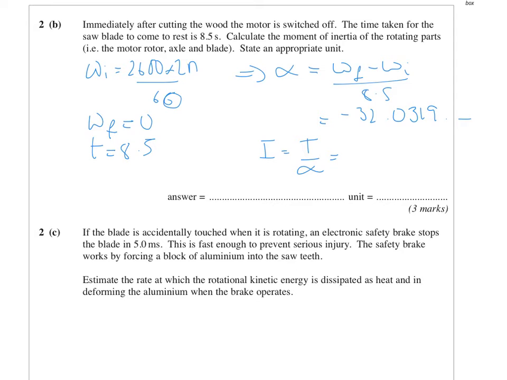So the torque was from the friction, so it's going to be the 1.2 divided by the acceleration, but it's acting against the motion, so it would be minus, so the minus signs cancel. So let's do 1.2 divided by the answer, which gives you 3.7 times 10 to the minus 2. We're expressing it in standard form. And the unit of moment of inertia is kilogram meter squared.